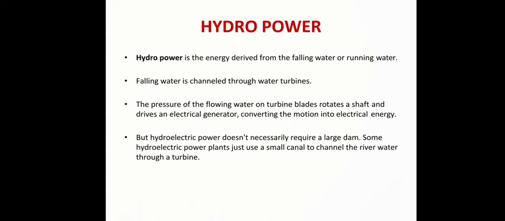So it doesn't necessarily require a large dam. Some hydroelectric power plants just use small canals to channel river water through a turbine. The parts of a hydropower plant are the dam, intake, penstock, turbine, generator, transformer, power line and outflow.